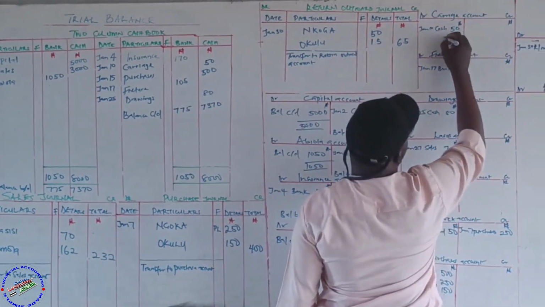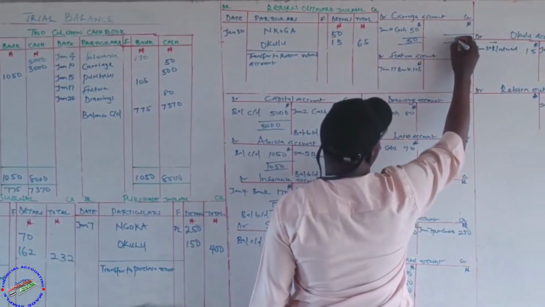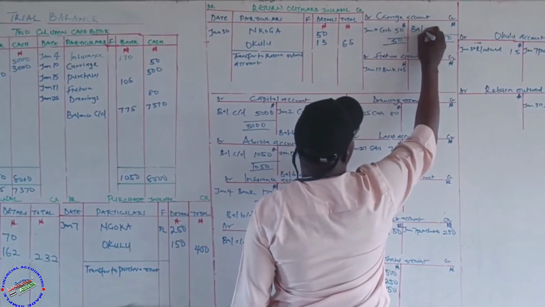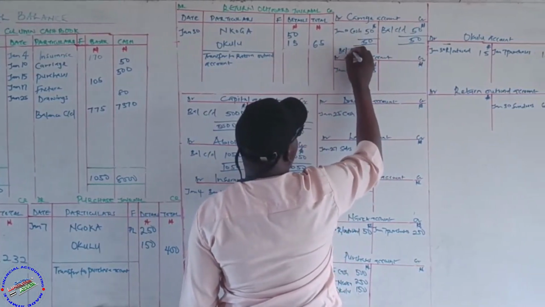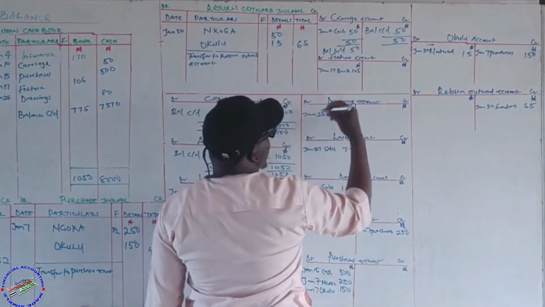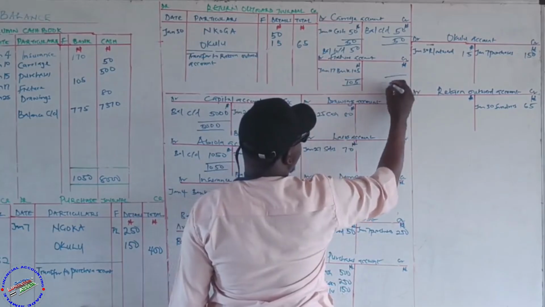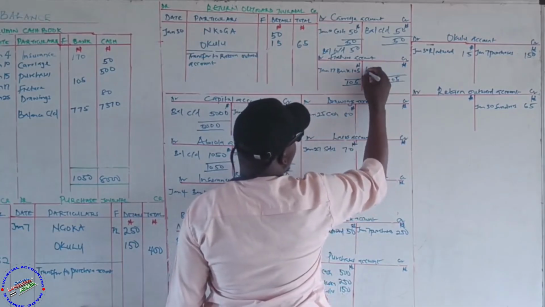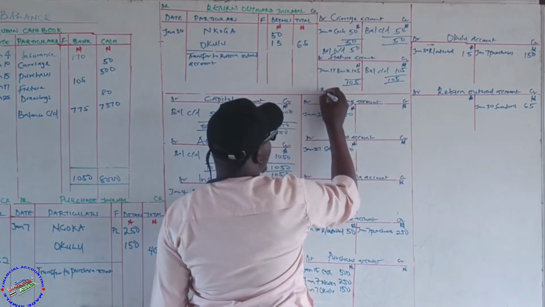So we have 15 naira, 15 naira. Balance carried down, 15 naira. Balance brought down, 15 naira. The next one also, we close the account with 105, 105. Balance CD, 105.